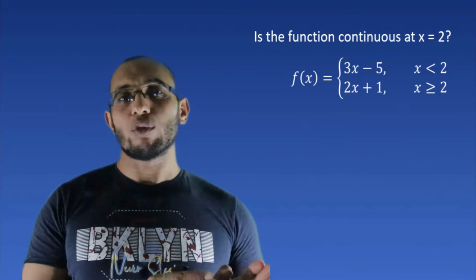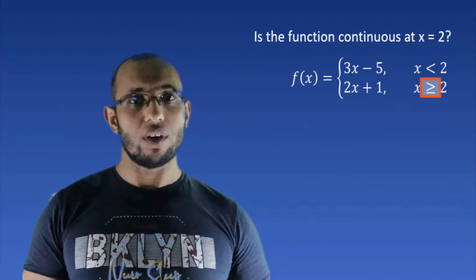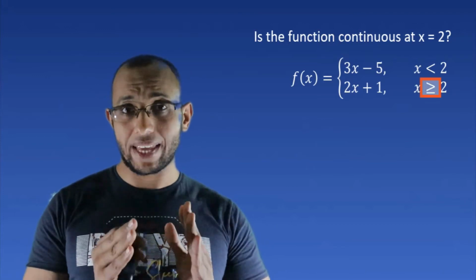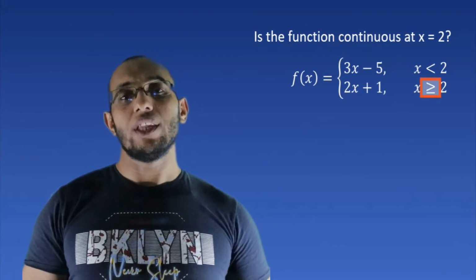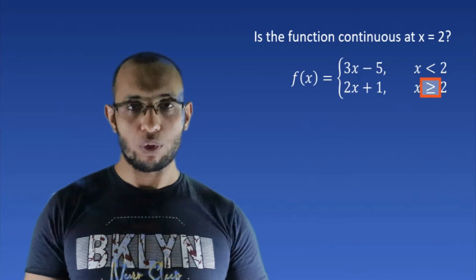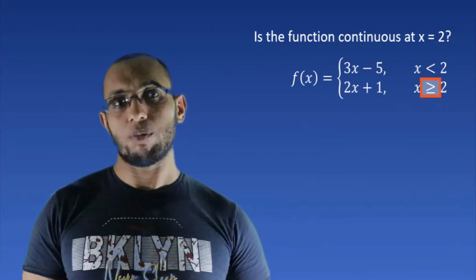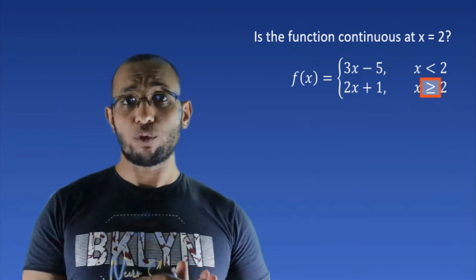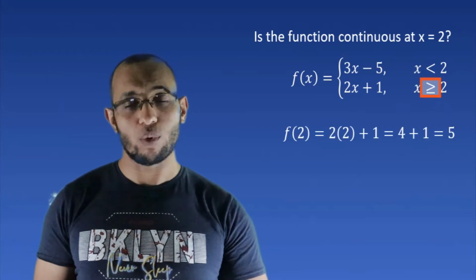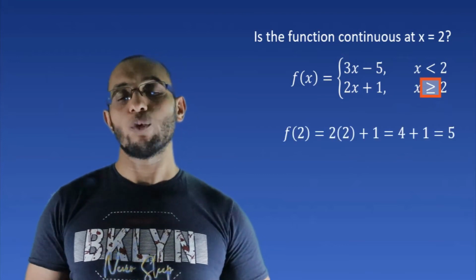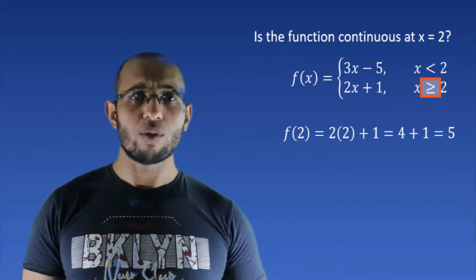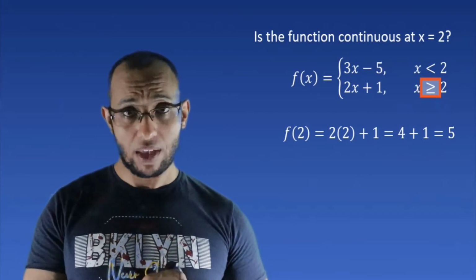We know that x equals 2 is in the second part of the function. So to get f of 2, we substitute x with 2, where f of x is equal to 2x plus 1. Now, f of 2 is equal to 2 times 2 plus 1, which is 4 plus 1, which is 5. So much for f of 2 as a value.